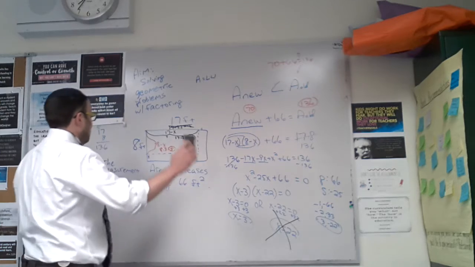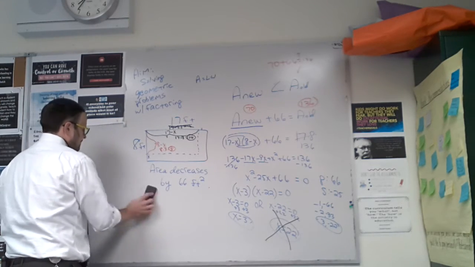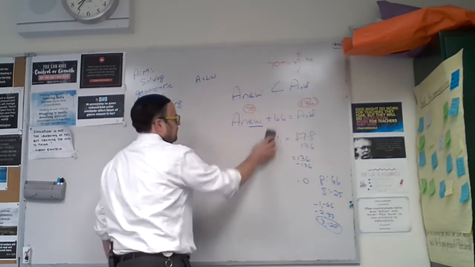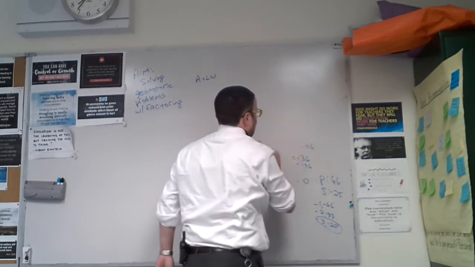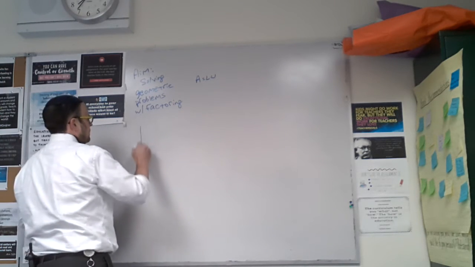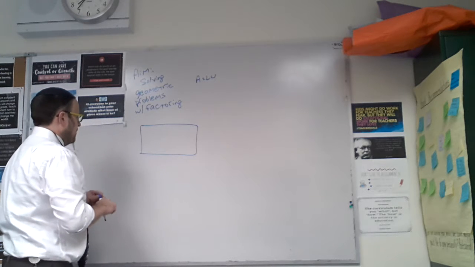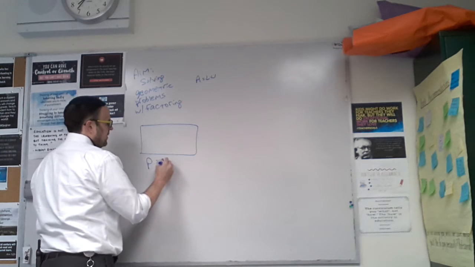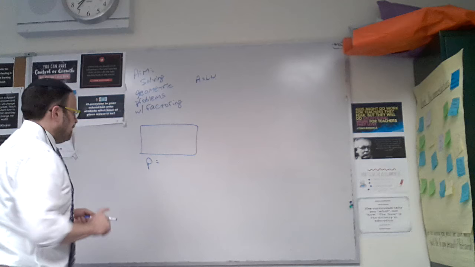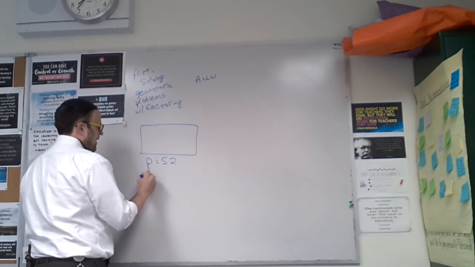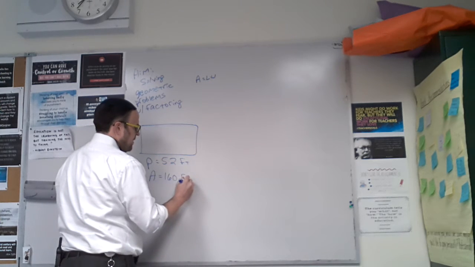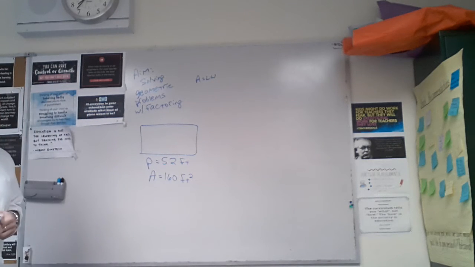Okay. Now, let's try another problem. This time you have a rectangle, and you are told that the perimeter is 52 feet and the area is 160 square feet.